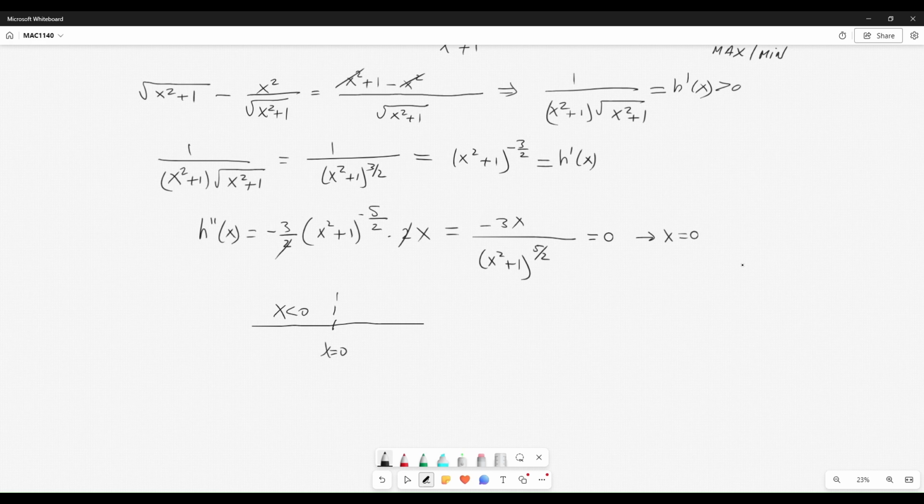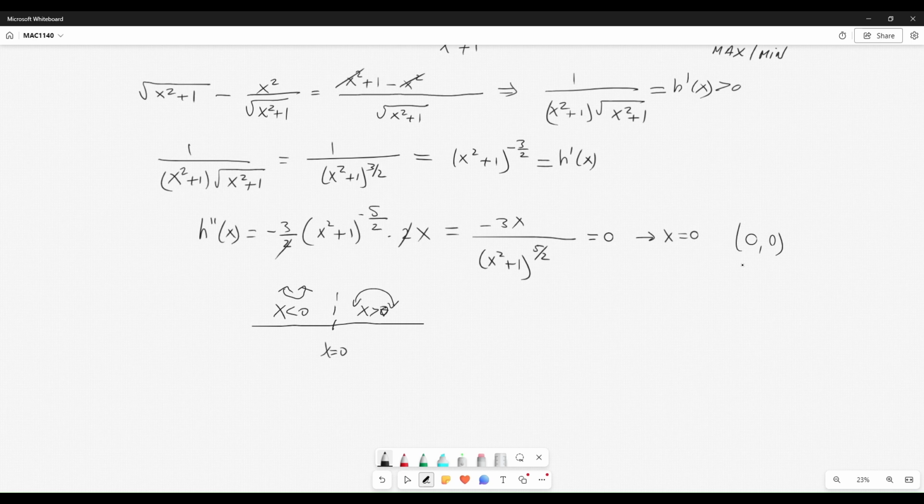And the curve is concave up. And when x is positive, positive times negative is negative. Entonces when x is positive, it's concave down. Okay, entonces yes, it is an inflection point, that by the way is the point (0, 0).